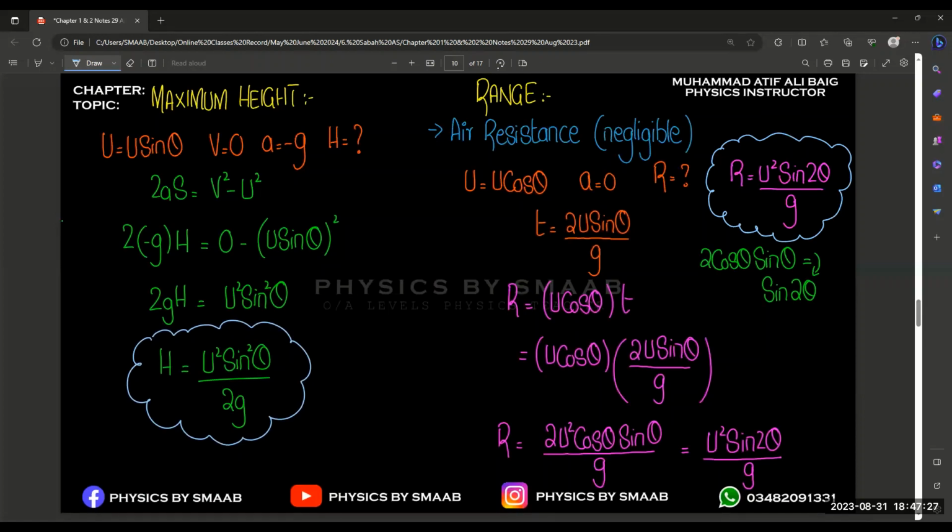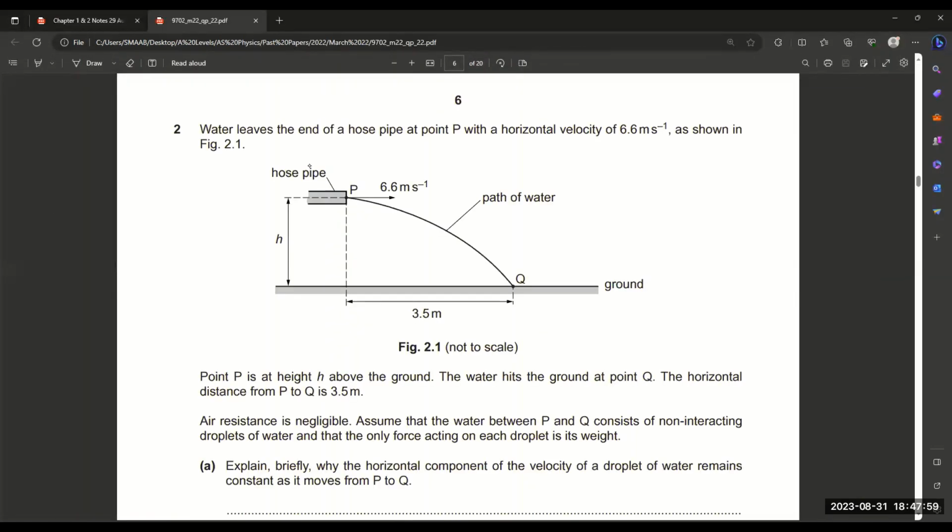So let's suppose we consider one question from the past paper, because last time I think we solved a paper, I don't remember which year. Okay, let's choose the latest one. First find the March paper, because our main priority is March 22. Yes, we find the question of projectile.